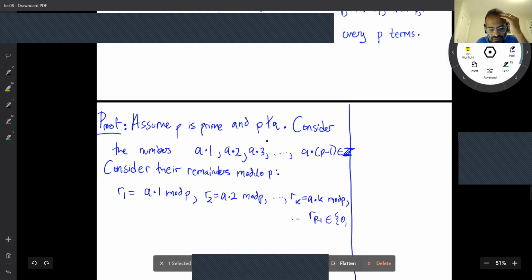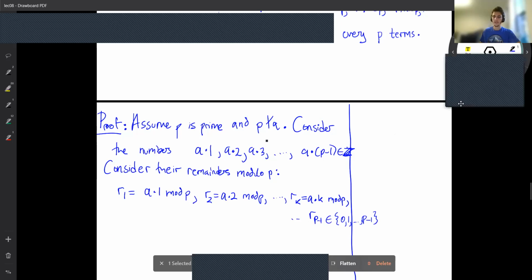They live in the set 0, 1, all the way up to P minus 1. Why is that? By the rules of the division algorithm. They're remainders, so they're non-negative integers between 0 and P minus 1.